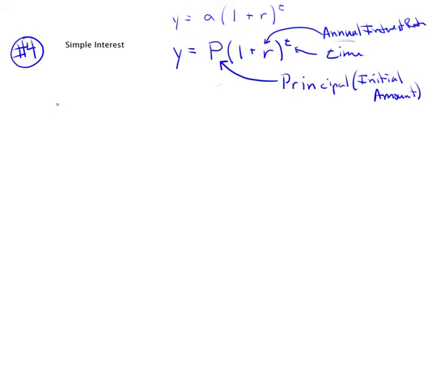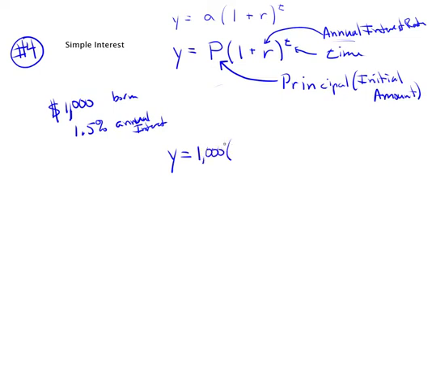Now, for our example, let's say you got a gift of $1,000 when you were born, and your parents put it into a bank account at 5% annual interest. So in our equation, y equals, and our principal is $1,000.